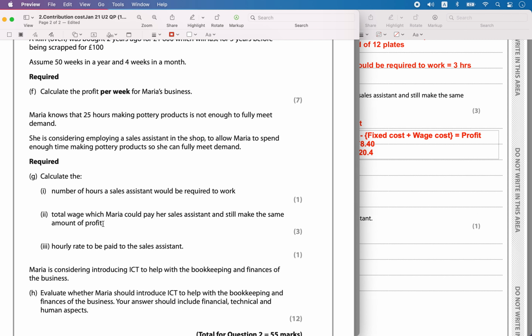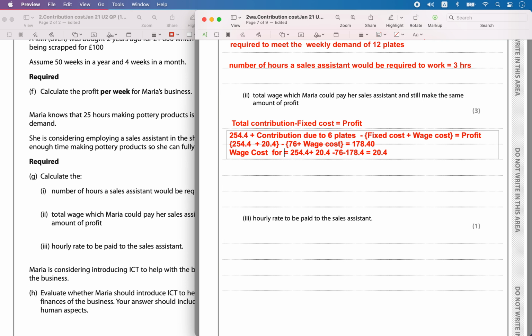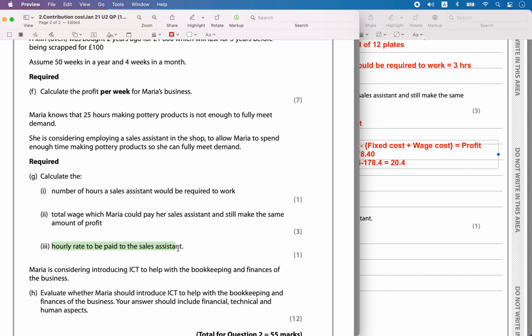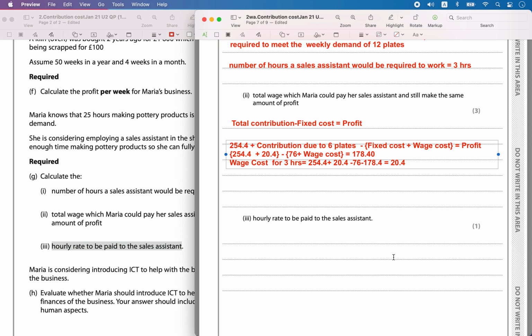Okay, wage cost for 3 hours is to be paid. Now here they are asking the hourly rate to be paid to the assistant. So for 1 hour, how much she needs to pay? So that is for 3 hours. So that is equal to 20.4 divided by 3.